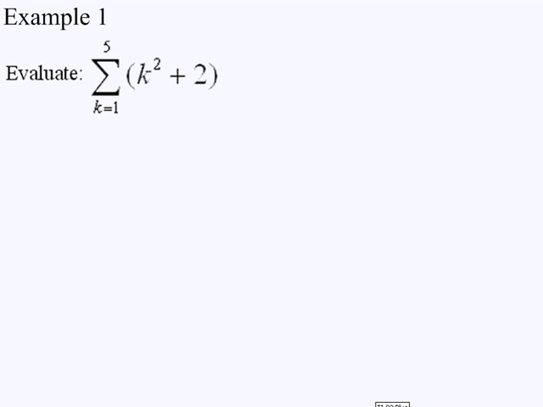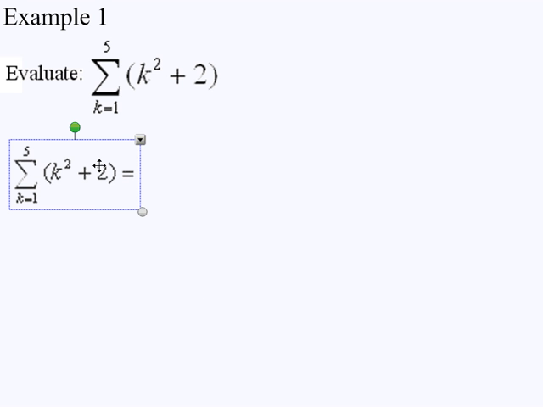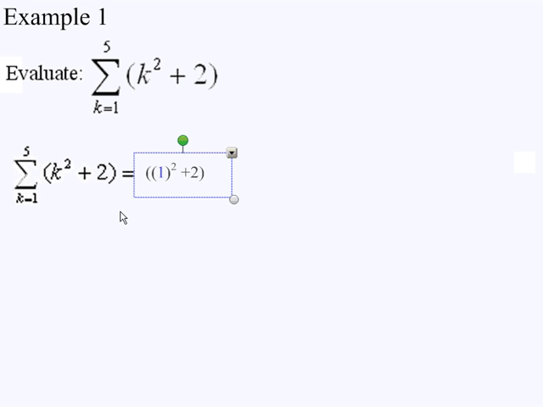So for our first example, we are asked to evaluate the summation of k squared plus 2 from 1 to 5. So let's just rewrite what we are being asked to evaluate. When k is 1, we sub in 1.